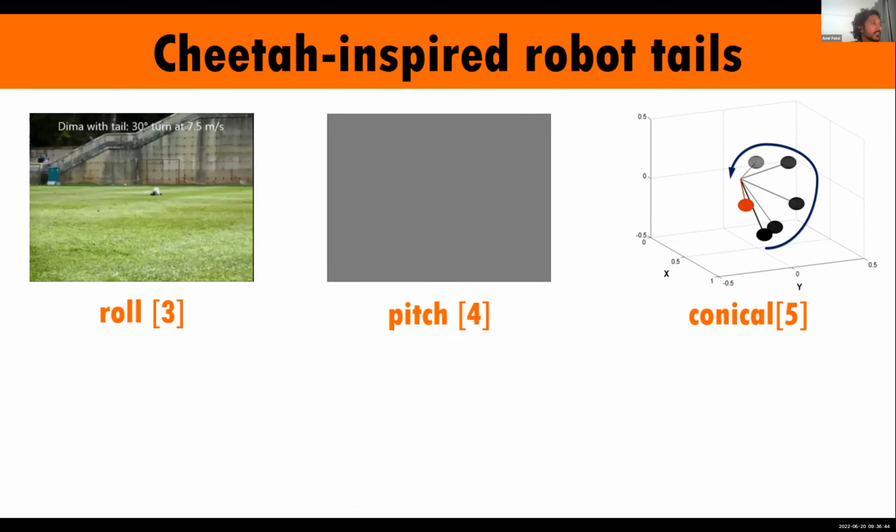And in my PhD, there was no kinematic data or biomechanical data on the skeleton or the tail even of the cheetah. So what I did was I developed various robotic platforms based on the motion primitives that were observed in wildlife documentaries.